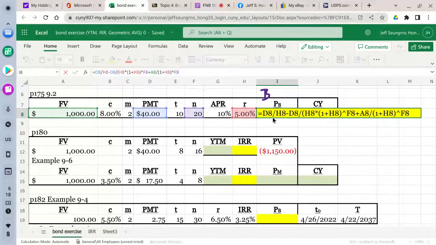Why is it not calculating? The formula is correct: D8 over H8 minus D8 over H8 times 1 plus H8 raised to F8, plus A8 over 1 plus H8 raised to F8.